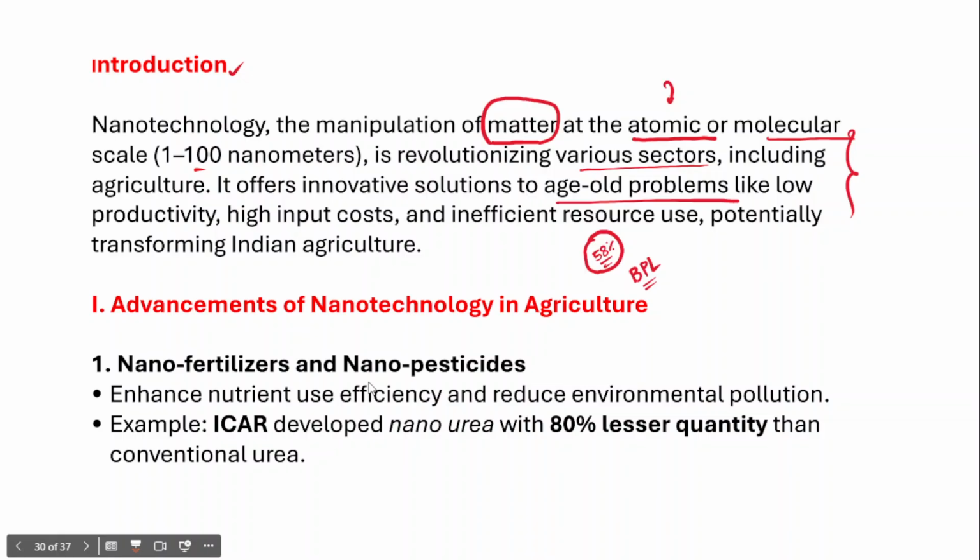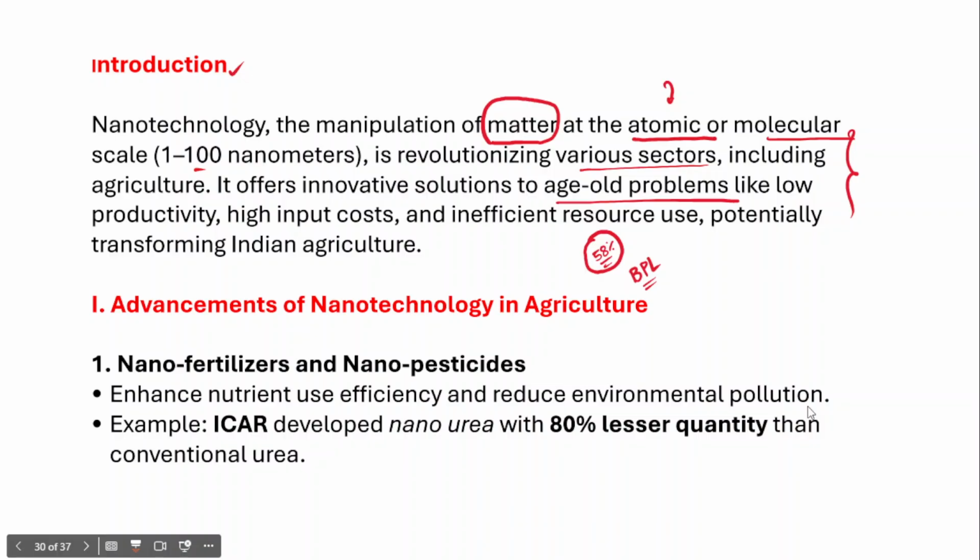So firstly, nano fertilizers and nano pesticides. They enhance nutrient use efficiency and reduce environmental pollution, right? If we use excess fertilizers and pesticides, it will lead to environmental pollution, the pollution of water resources, pollution of the soil resources, right?